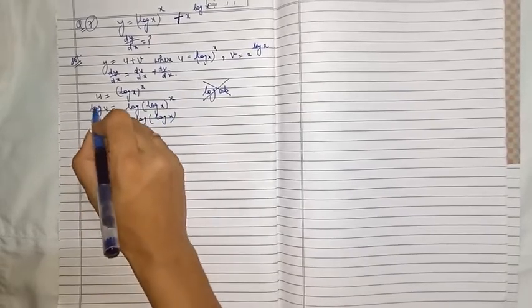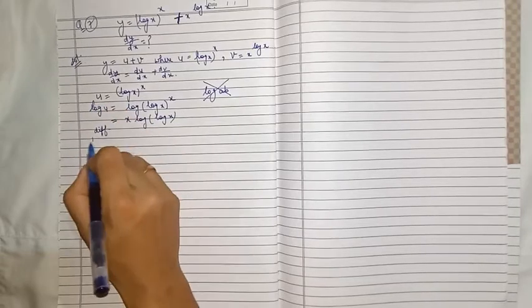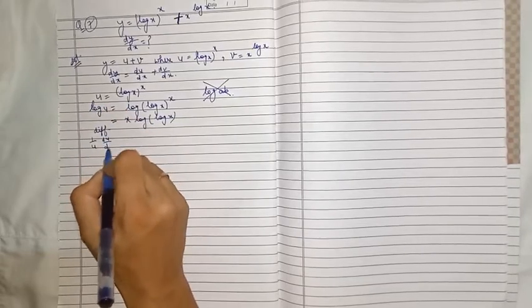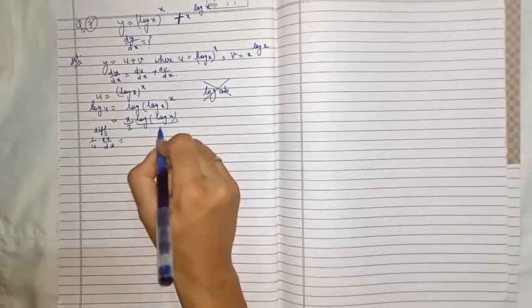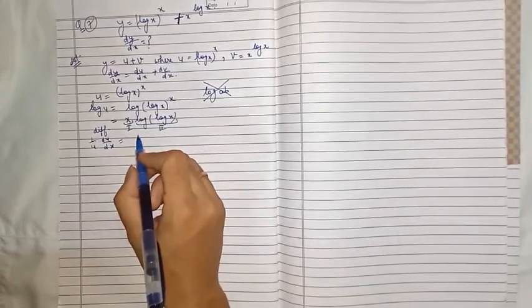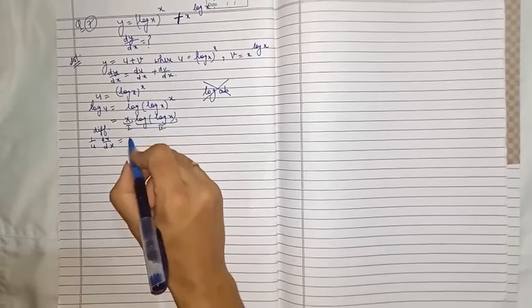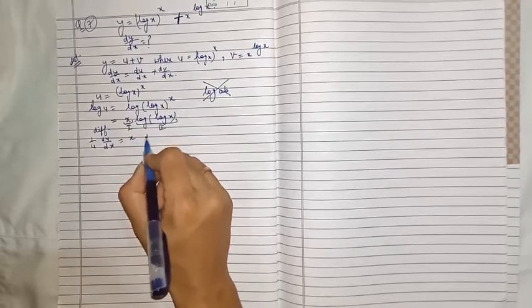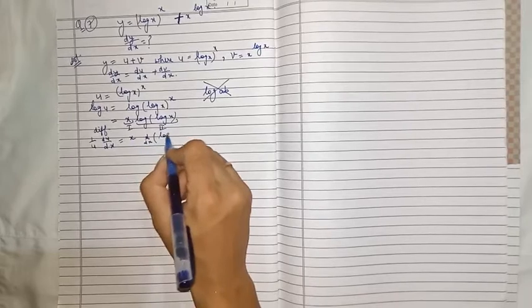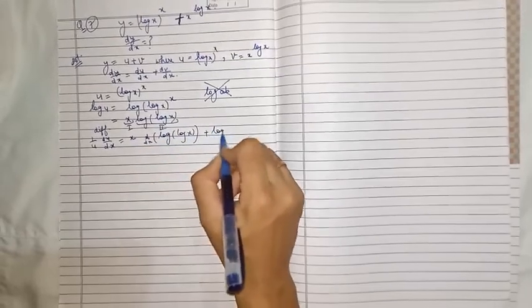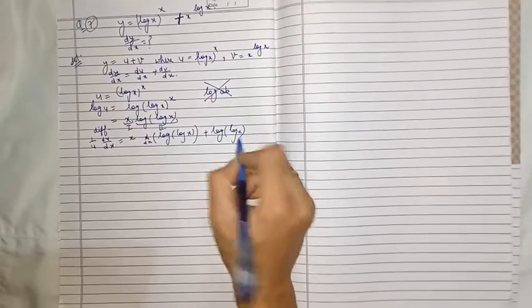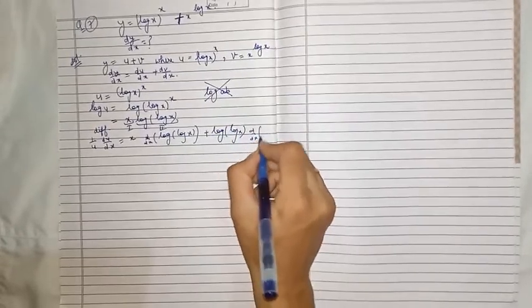What will be the derivative of log u? It is 1 over u du by dx. Now this is my first function, this is my second function. I'll use the product rule here. First function as it is, derivative of second function, plus second function as it is into derivative of first function.